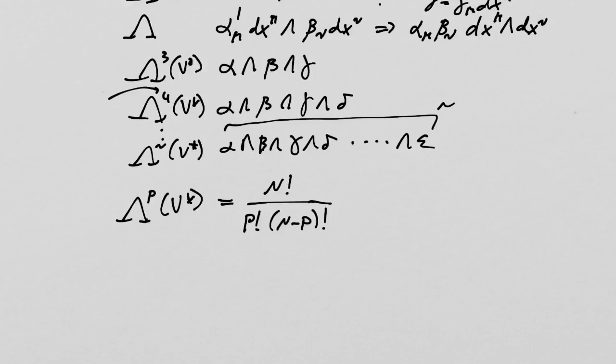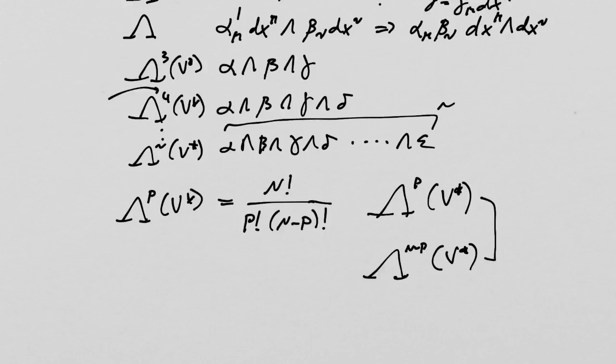The dimensionality of the pth exterior power and the dimensionality of the n minus p exterior power, these guys have the same dimensionality, right? If you plug in n minus p here, then you get n minus p, which of course is p, and this thing just flips, and so it's the same.